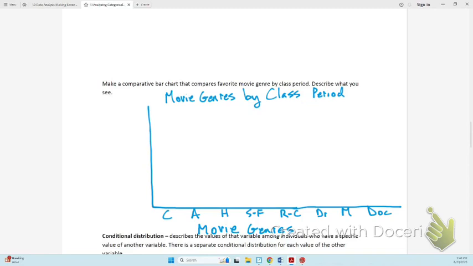You need to look at all the relative frequencies and pick the highest, or find the highest one. Looks like it was action for 8th period up to 28. I think we can use the same scaling. We can go by 5s up to 30. These are relative frequencies.